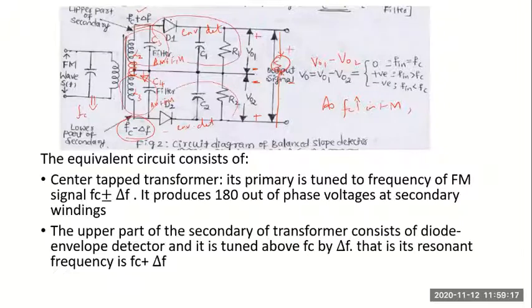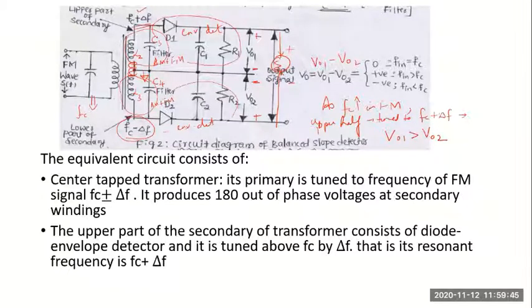The upper half of the secondary circuit will be tuned to the frequency Fc plus delta F, and hence the output, what happens? V01 will become greater than V02.